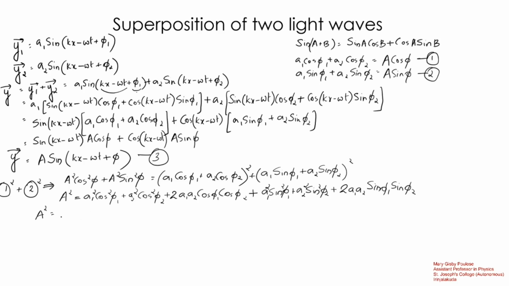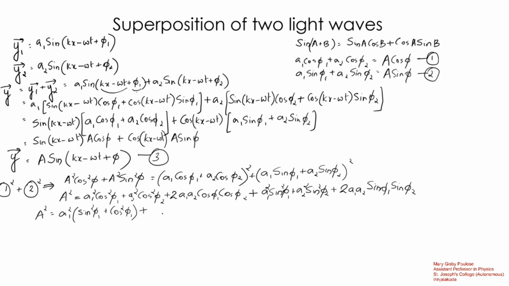Okay, so this becomes A square is equal to, I'm going to bring together terms of A1 square. So that becomes A1 square into sin square phi 1 plus cos square phi 1.